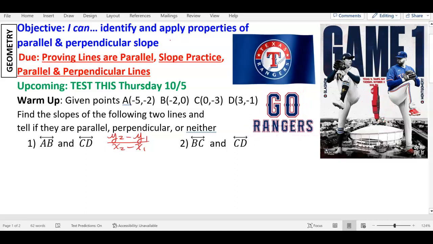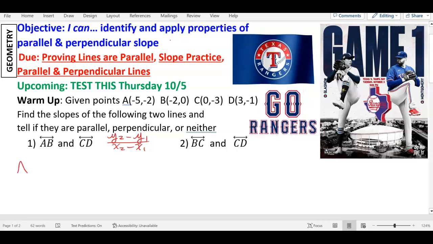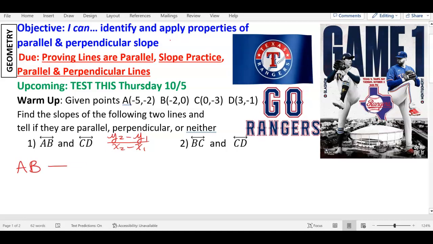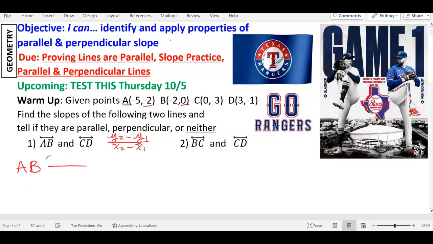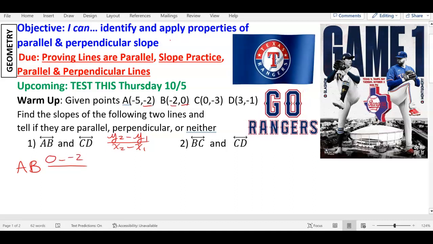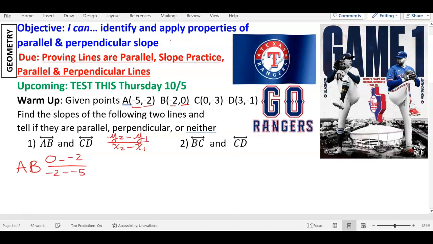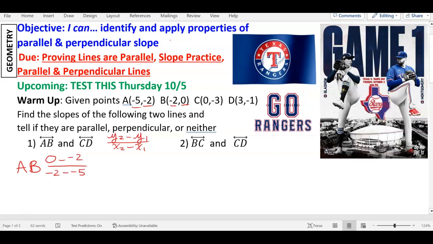So we're going to find first AB. So let's go and write AB. Put a fraction bar. Okay. And then we're going to do Y2 minus Y1. So 0 minus -2 over X2 minus X1, -2 minus -5. So first, are you able to write those out?